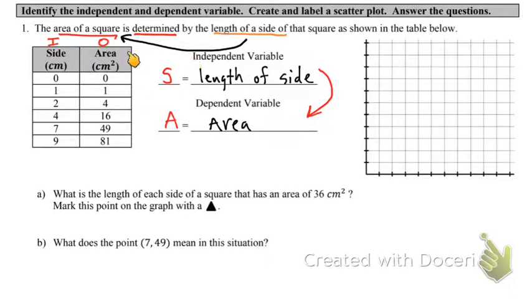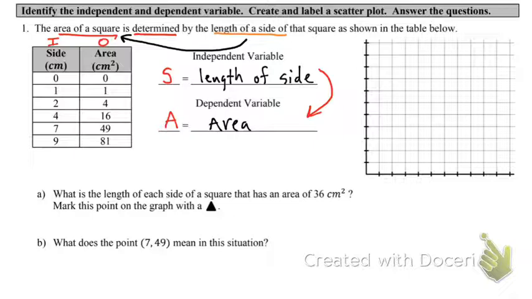So input and independent go together. Your output is always based off your input. So these are independent numbers. They have to be given to you. Now these independent numbers determine the area. So in order to get 4 here, we had to know 2.